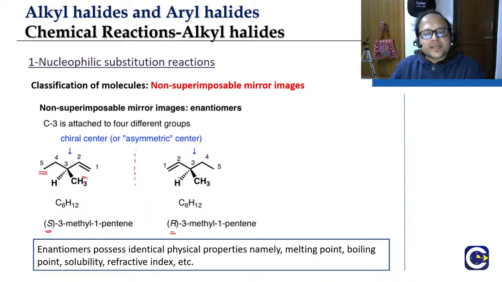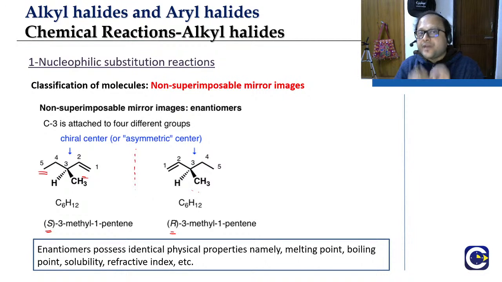It's a similar thing. These two remain the same while these two are interchanged. So that means if you try to superimpose them, they are going to be different. Even if you rotate one of them by 180°, they are not going to superimpose. So these two are enantiomers.